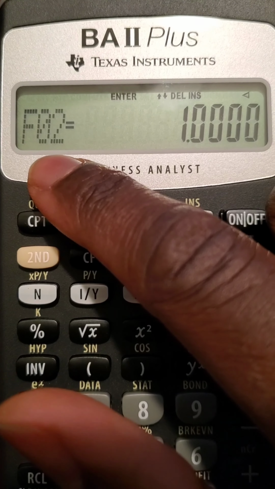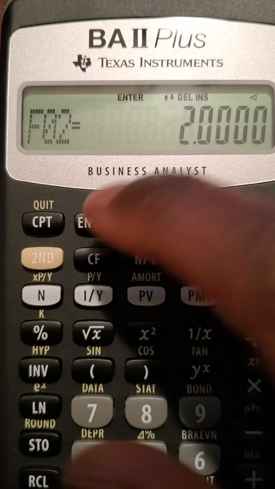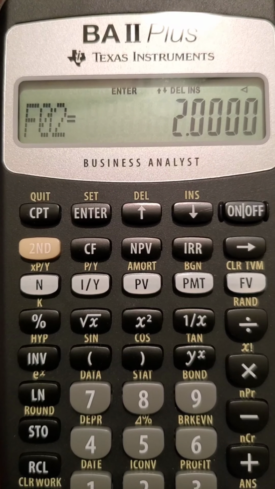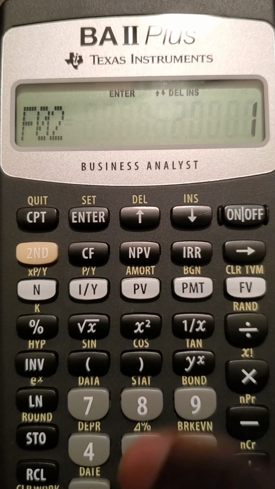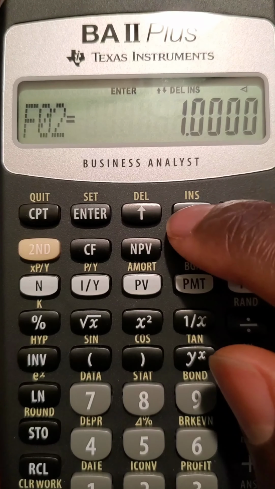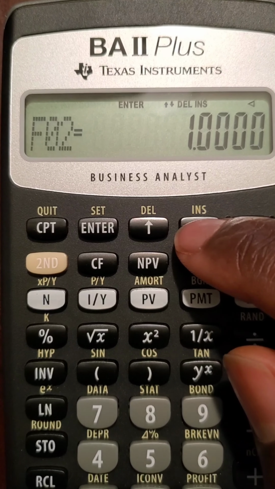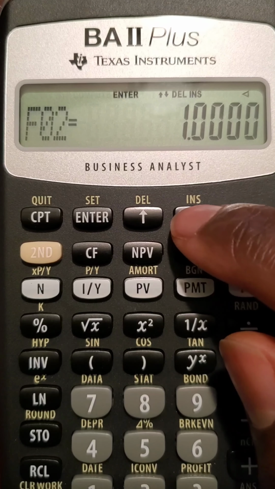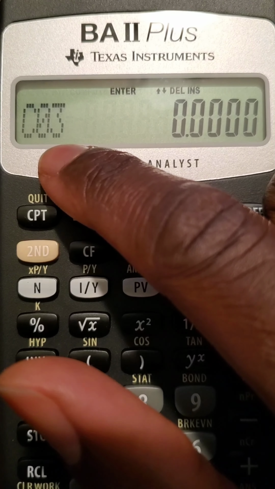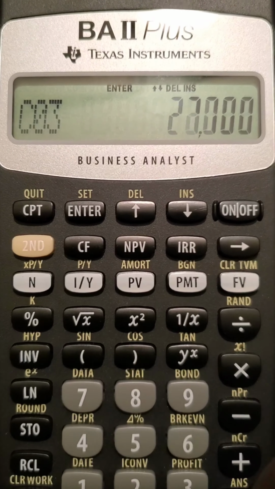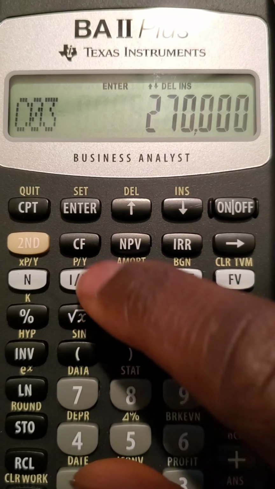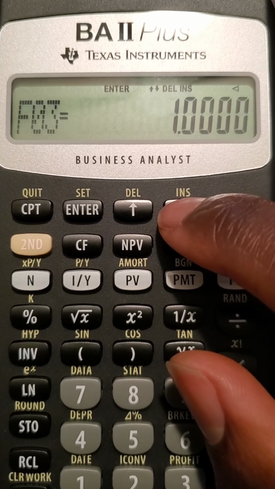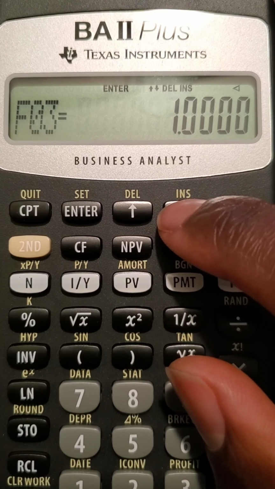We get this 2 times, so I can hit 2 because we get it for the second and third year. But just for the sake of showing you the cash register function, I'm going to say 1. Then it's asking me for my third cash flow, so I put in 270,000 again, frequency 1. It's the same as saying that we entered that second cash flow twice.